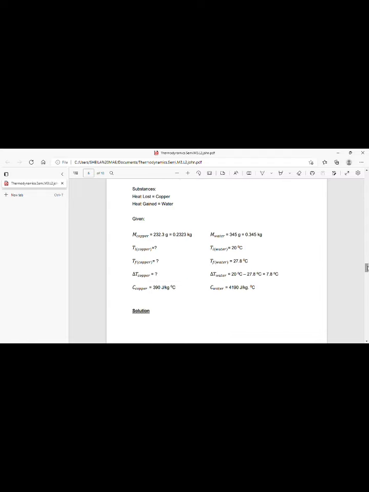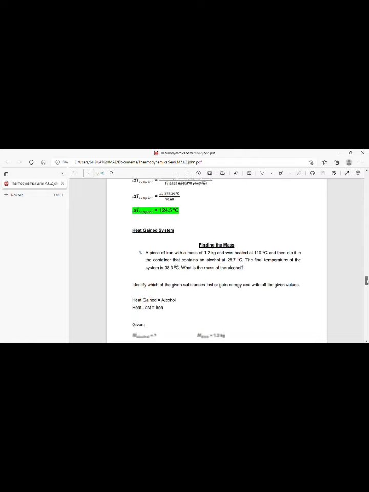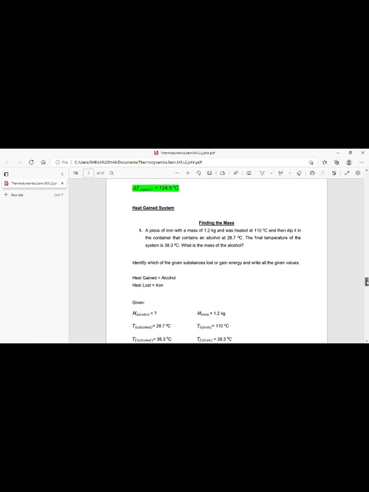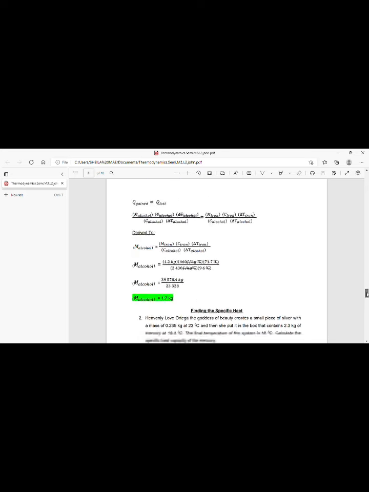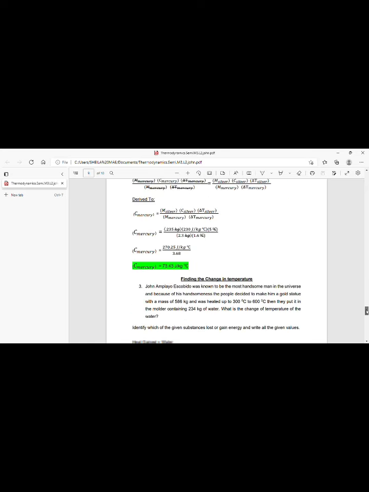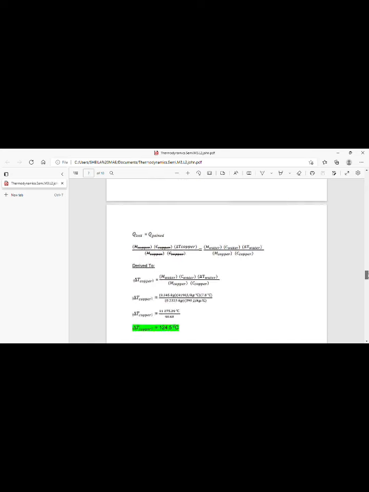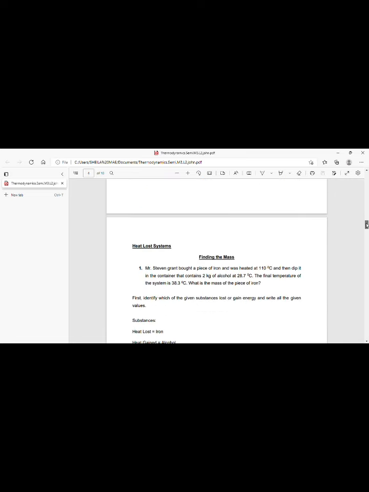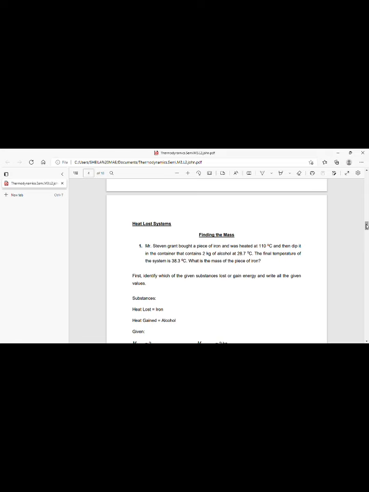And for our heat gain system, here are our problems: problem 1, problem 2, problem 3. So we're going to discuss first our problems in the heat loss system.